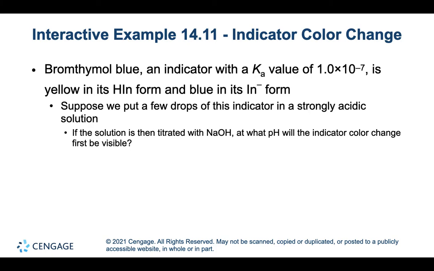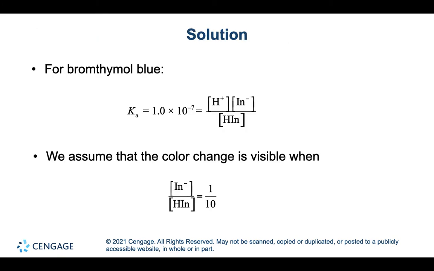Now, at what pH will we begin to see it starting to change to blue? In other words, when will it start to show a little greenish color in the yellow? Well, Ka for bromothymol blue is 1 times 10 to the minus 7, which is H plus times In minus over HIn.